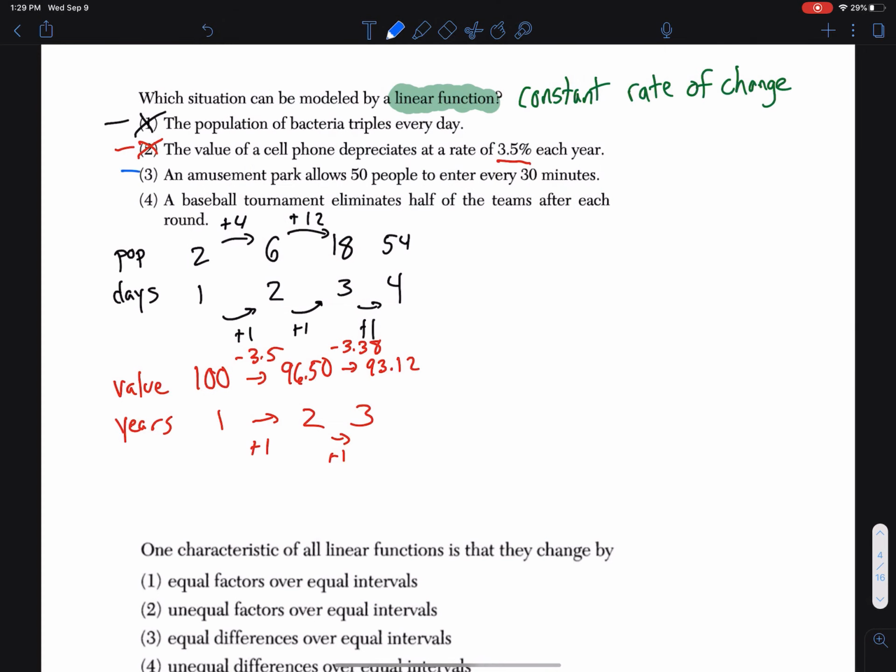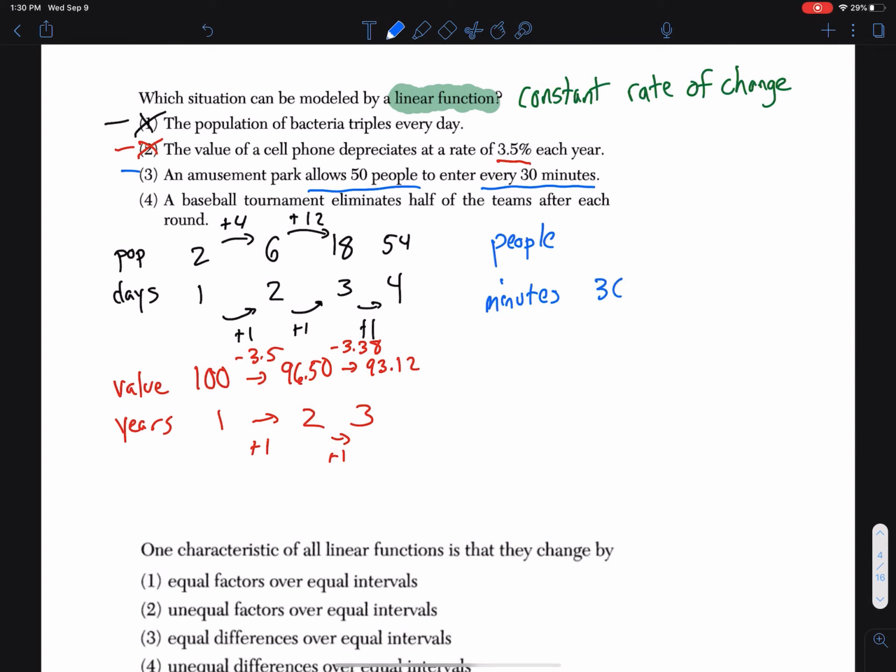Let's look at number 3. An amusement park allows 50 people to enter every 30 minutes. You can take a look at it and be like, oh, that means every 30 minutes, 50 people are being let in. So people, and then minutes.